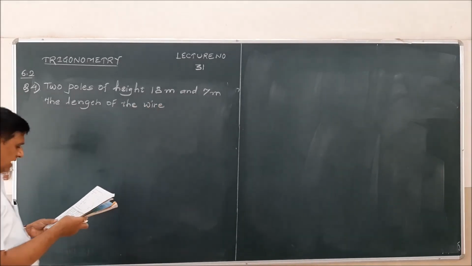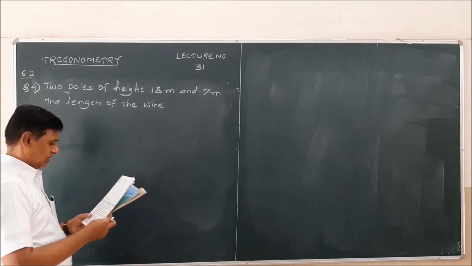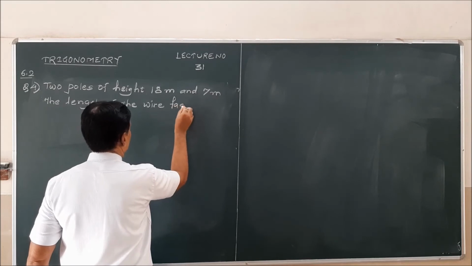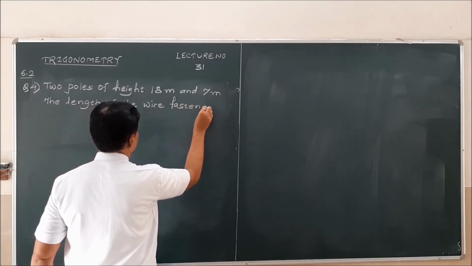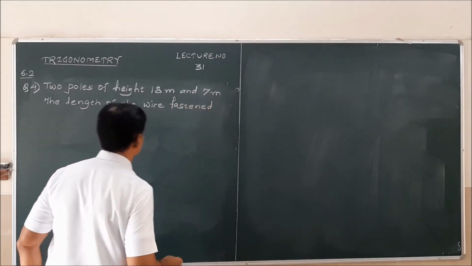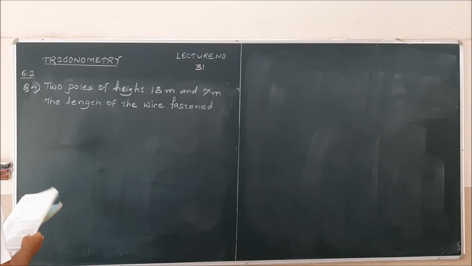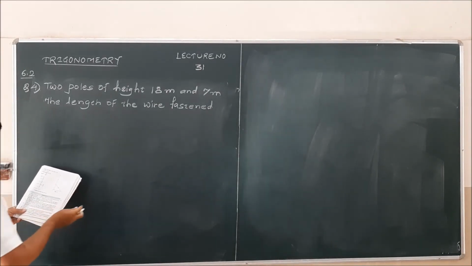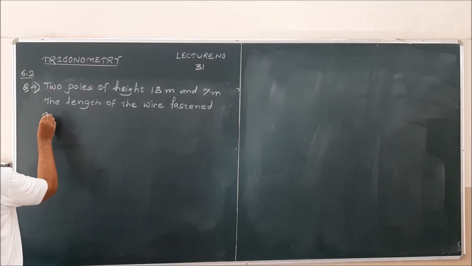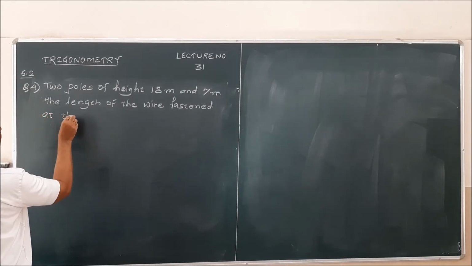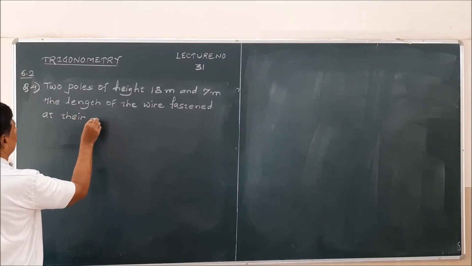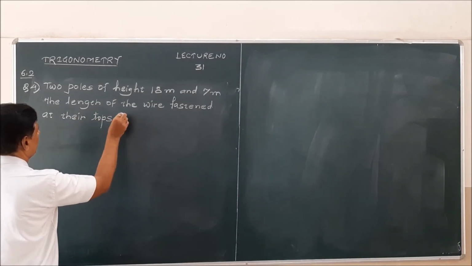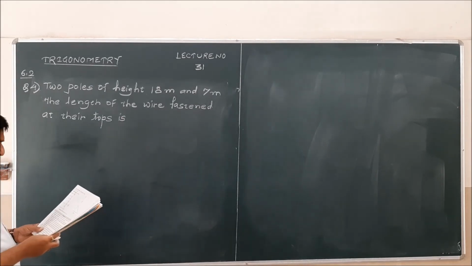The length of the wire fastened at their tops, or in simple language you can say this wire is tight at both the ends, is 22 meters.